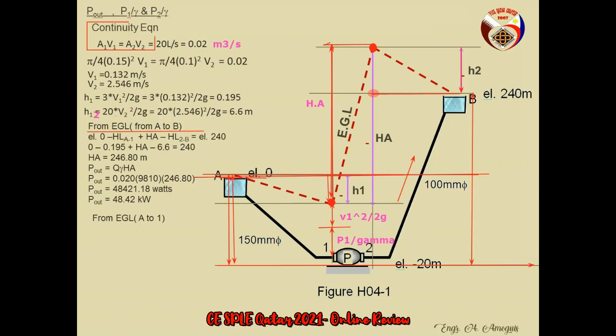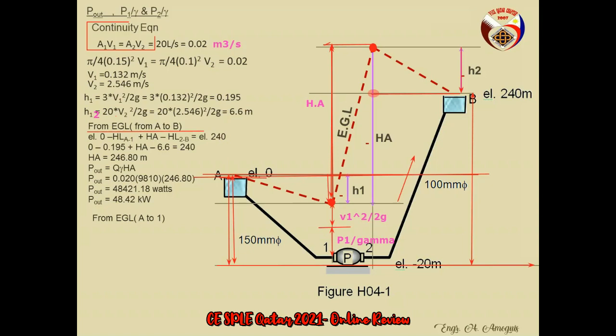Okay? So, elevation 0. So, at A, ang total energy is at the surface. That is elevation 0. Then, at 1, ang elevation niya is minus 20. Or pwede mo ring baliktarin. Ang datum mo is nasa ilalim, ang A mo is 20, yung pump mo is 0.